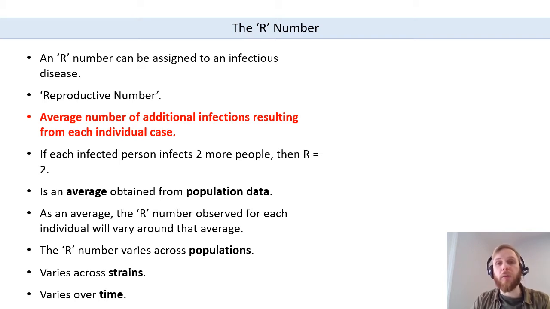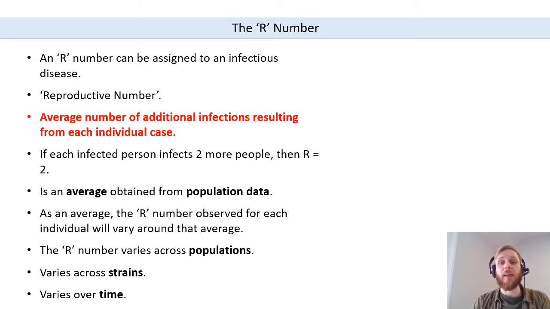It's important to note that the R number isn't static. When we're talking about COVID in the news and things like that, we'll talk about what the R number is at the moment, and we talk about lowering the R number. This obviously implies again that the R number isn't static for an infectious disease, and the R number is impacted by various factors. These factors can be vaccination levels, these factors can be individual behaviour, whether there are quarantines and things like that.